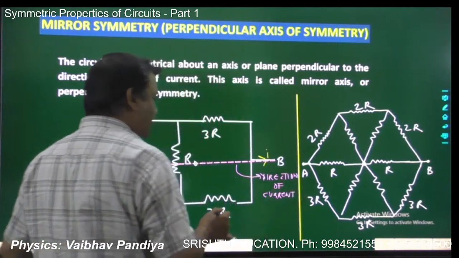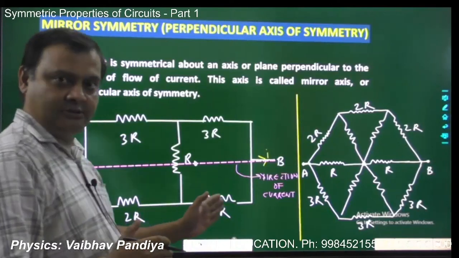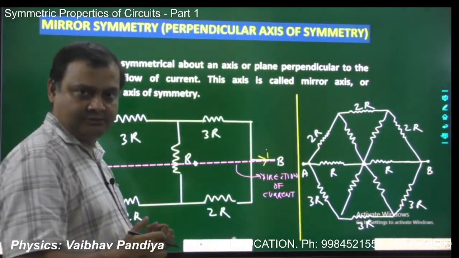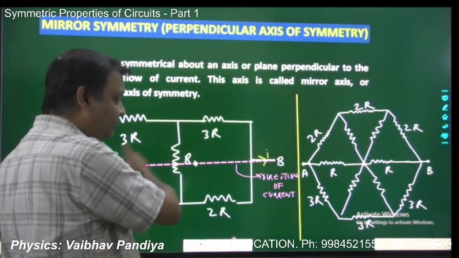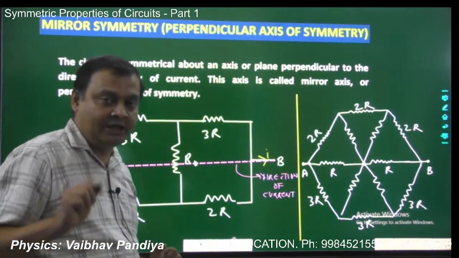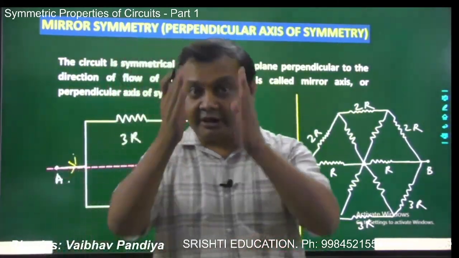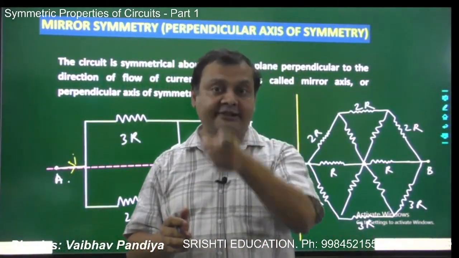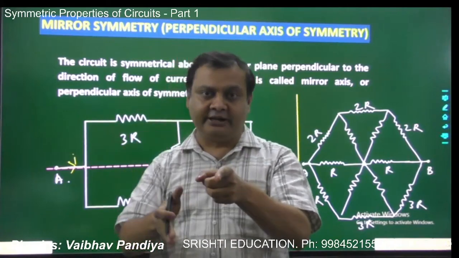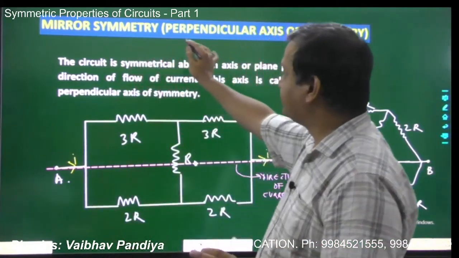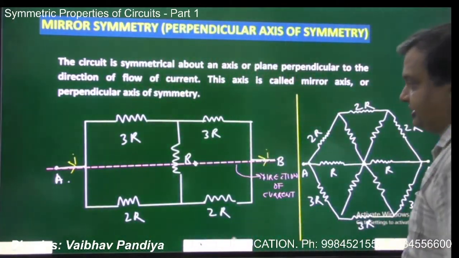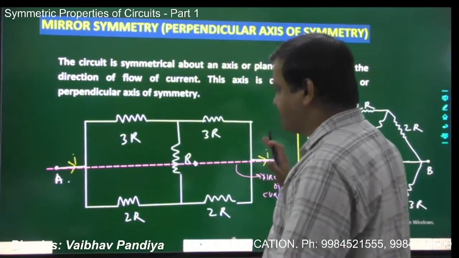Now, if the circuit is having mirror images about an axis perpendicular to the direction of current, I repeat, if the circuit is having mirror images about an axis perpendicular to the direction of current, then we say the circuit has a mirror symmetry or perpendicular axis of symmetry. So there must be some symmetry present.